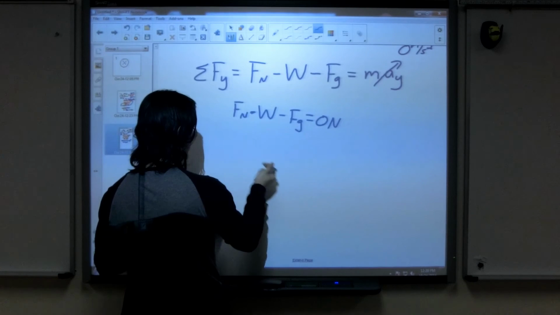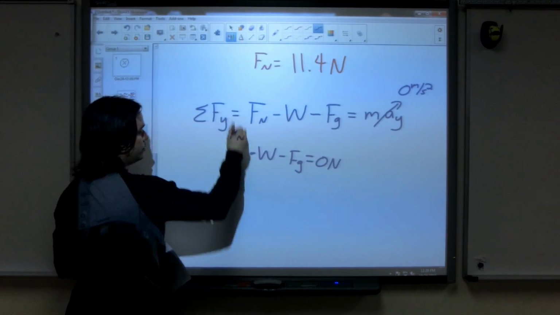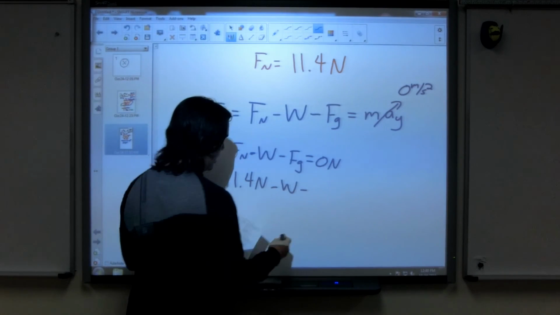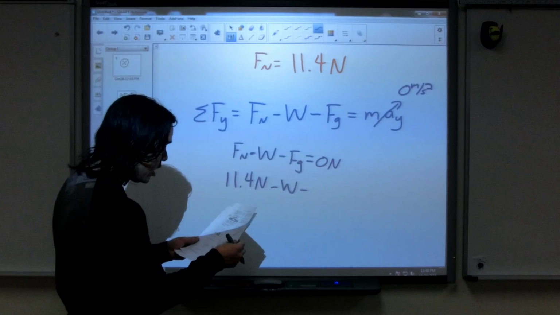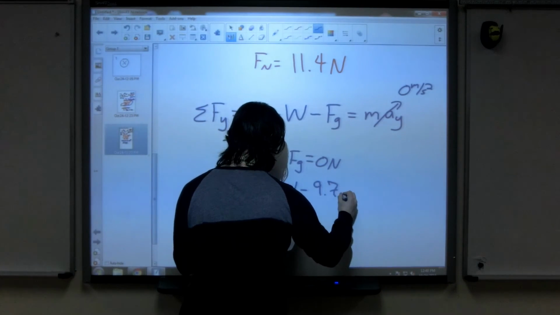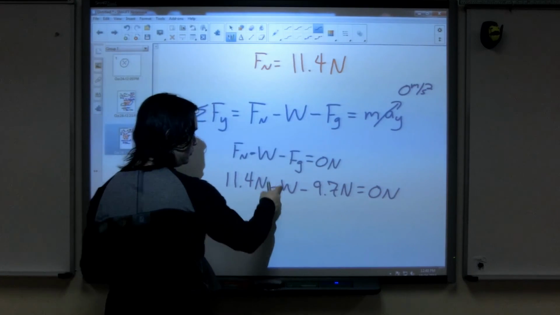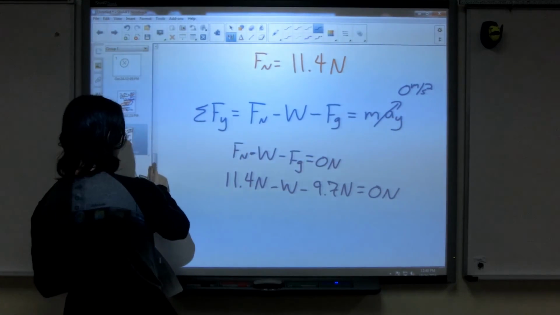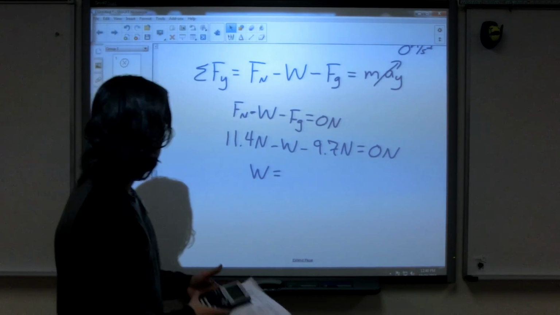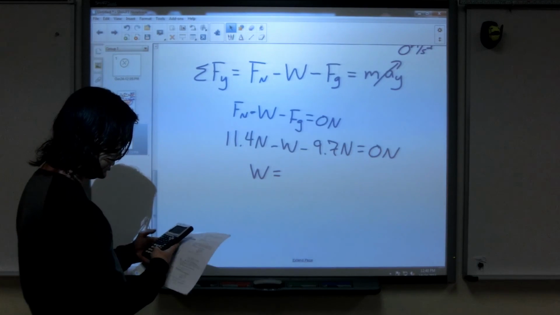So if I know that my normal force in this new setup, which we found just a moment ago, is 11.4 newtons, minus W, minus, the first block didn't change how heavy it was, so it is still 9.7 newtons, equals 0 newtons. I add W over to the other side, and I will find that W is equal to 11.4 minus 9.7.